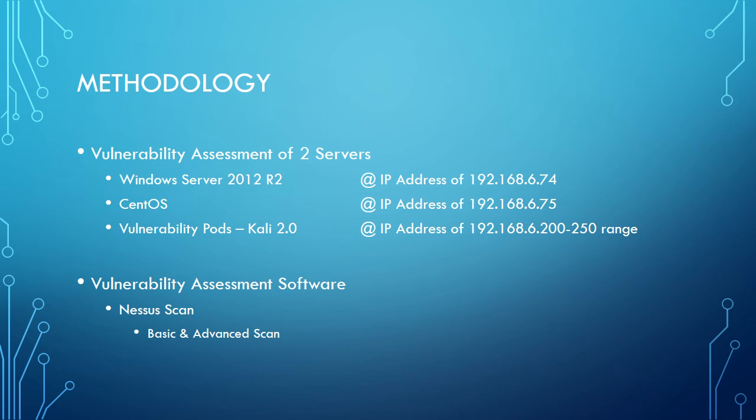The vulnerability assessment software was the Nessus scan. Now, the Nessus scan is a remote software. It was developed in 1998 to provide free use for IT professionals to look for security vulnerabilities, and it avoids any possible errors by not making any presumptions about the software or services running on your server.